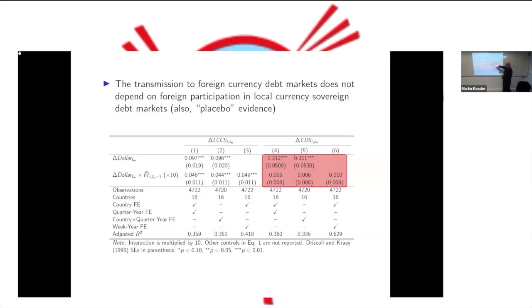But we don't see any kind of influence from the presence of foreign investors in the local currency market. This is no surprise because, first, foreign currency debt is largely held by foreign investors.